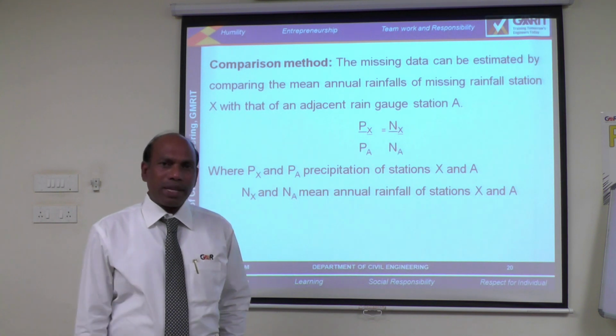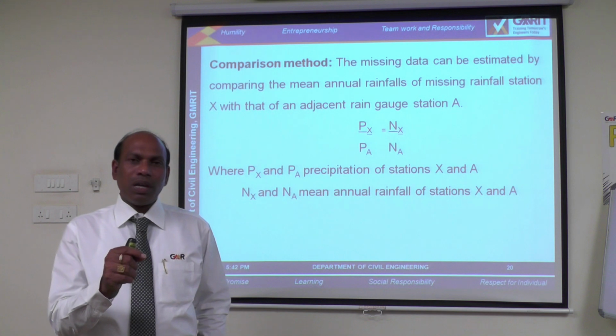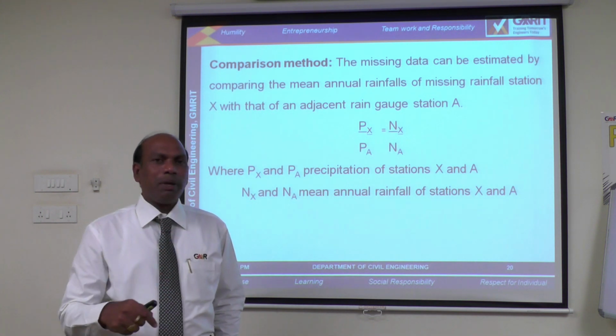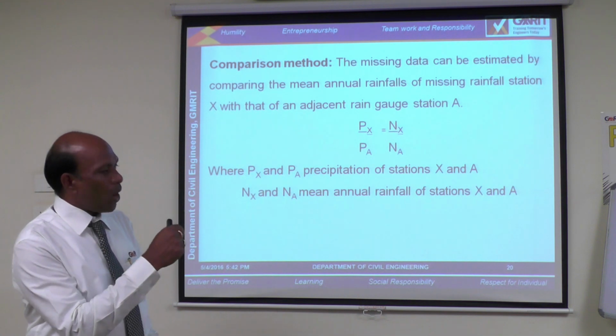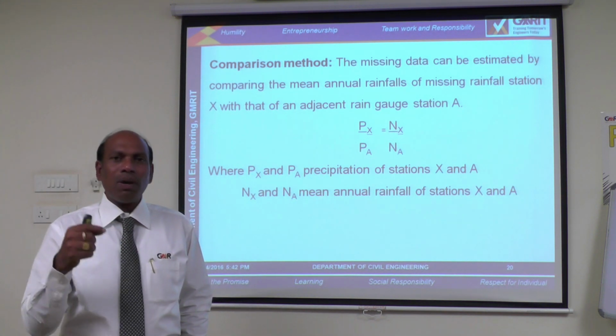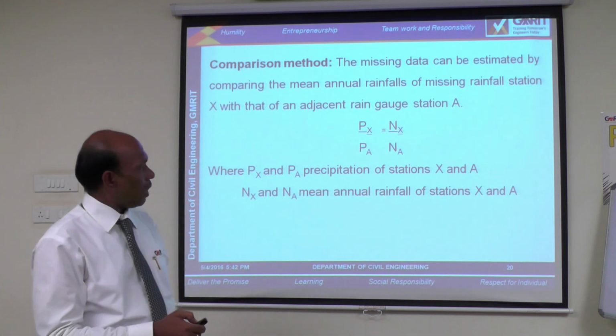If we are going to estimate the missing rainfall data at a particular rain gauge station on a particular catchment area, in this system we take the mean annual rainfall of the nearest or adjacent station.